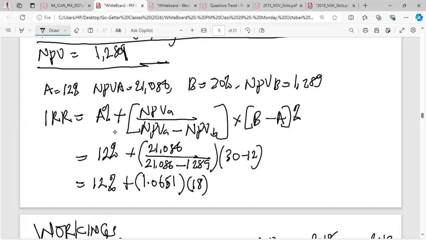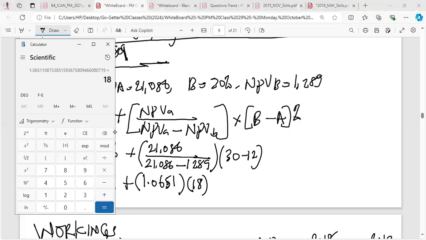So I'm going to multiply everything here by 18. So I have 19.17.